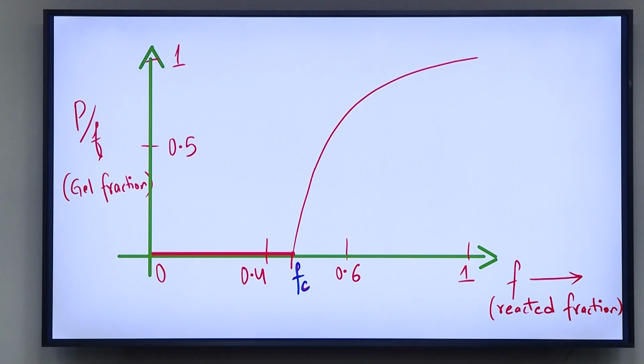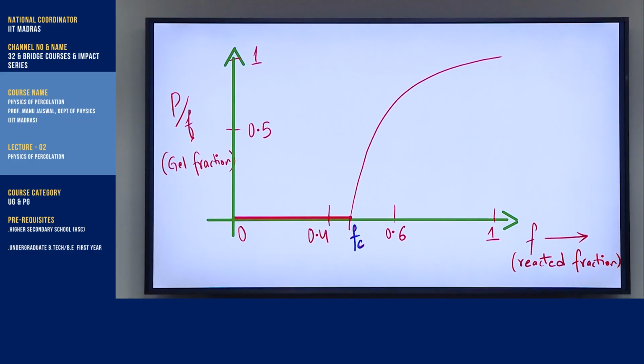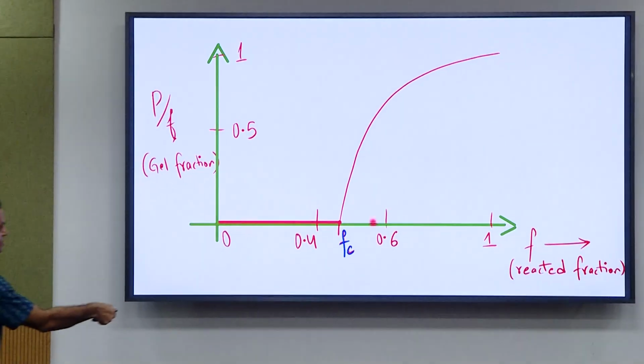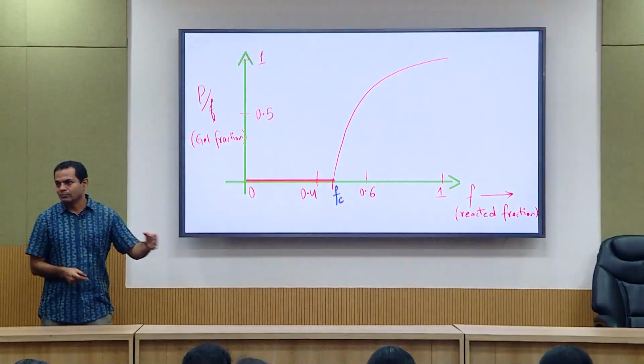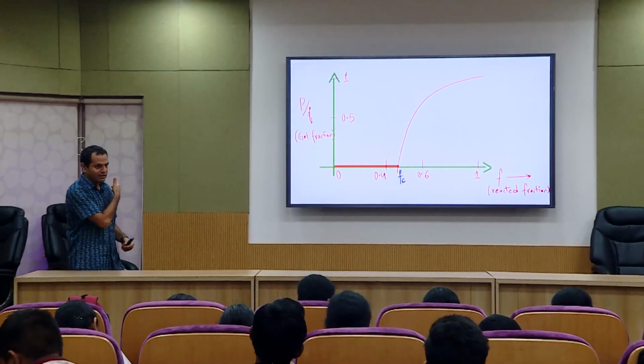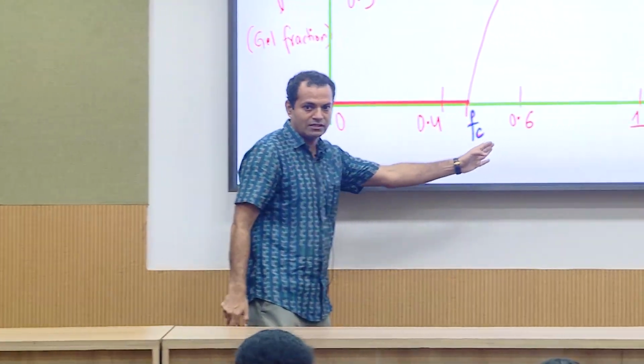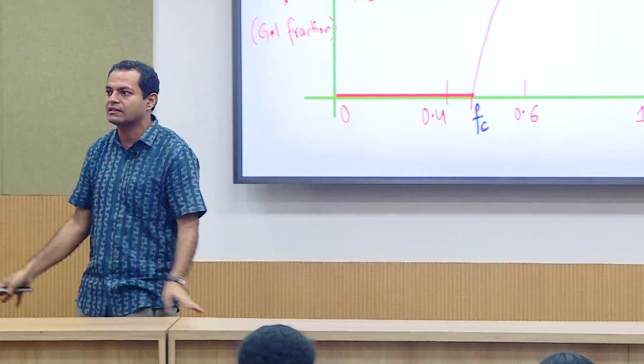It looks like this. We have actually solved a complete problem. I was depicting to you various curves, and I was always focusing on the threshold up till now. But here I've taken a toy problem and derived the entire curve. If you plot whatever expression we got, the fraction which is connected to the infinite cluster is 0 up till the percolation threshold, because the infinite cluster itself doesn't exist.